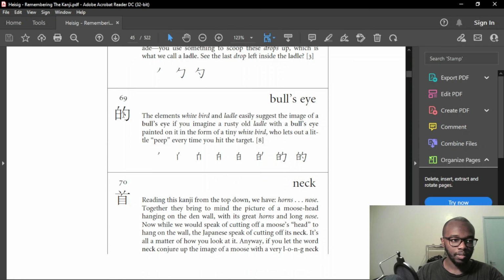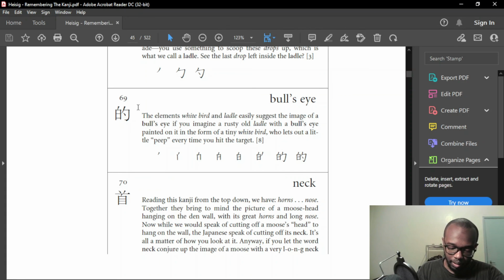So this one is the character kanji for white. So a white ladle. Bullseye. So this will be a white ladle. Easy to hit it in the bullseye. So you see a charging bull is coming, then you use a white ladle, hit it on the white eye.